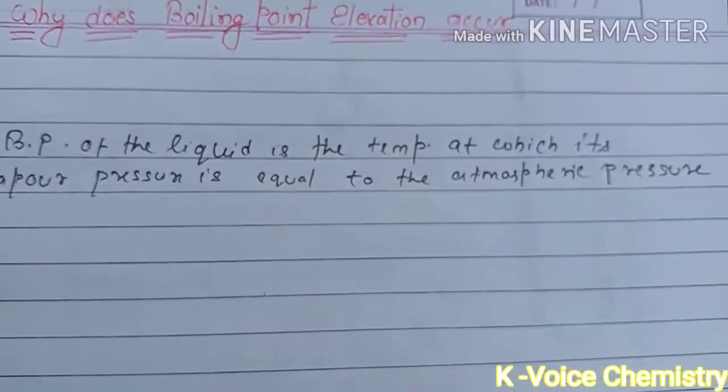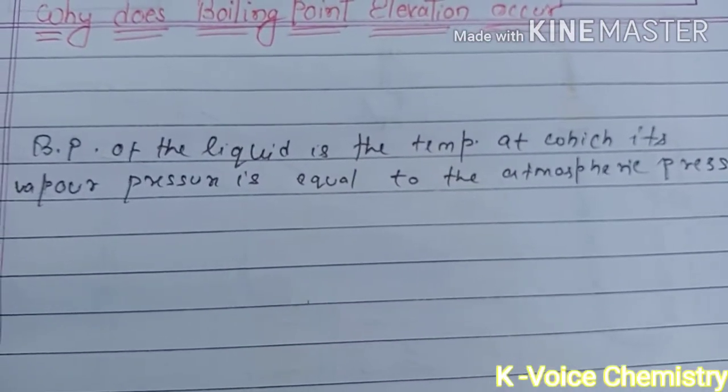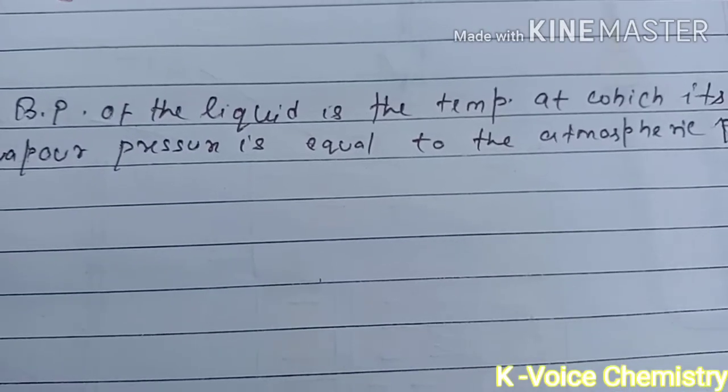So basically the boiling point of a liquid is the temperature at which its vapor pressure is equal to the atmospheric pressure.